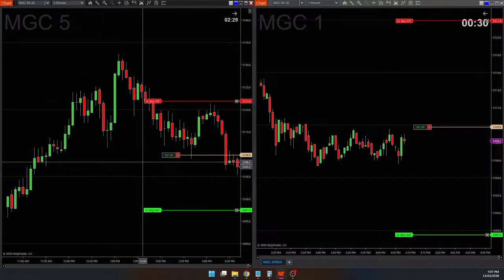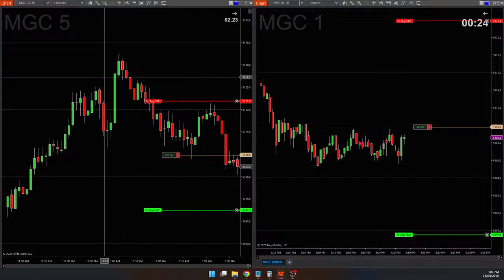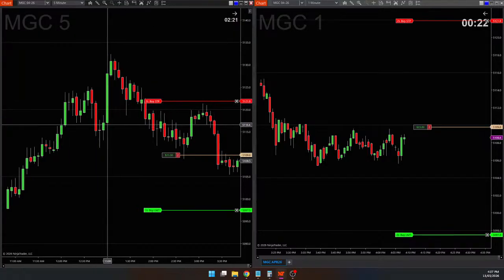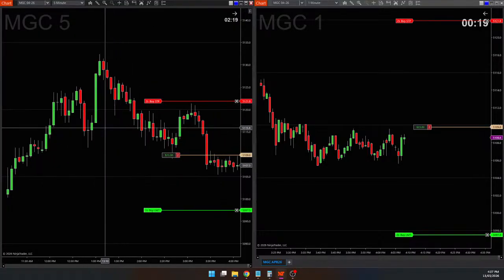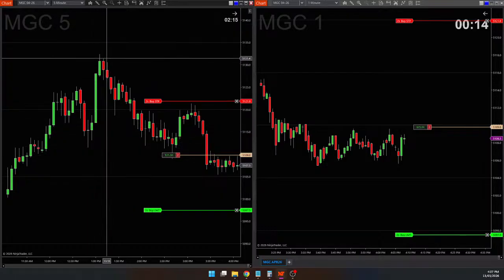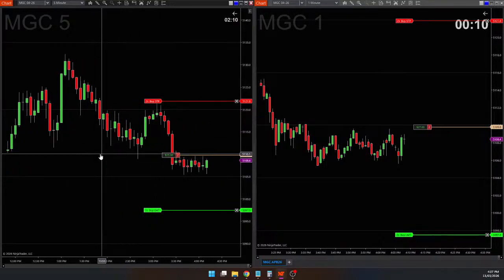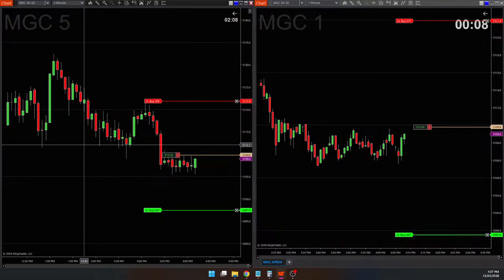Especially, say for example, this candle here. In the past I would have been like, shit, it's going up, time to buy, it's just going to keep on going up. But oftentimes it's just an impulse that results in a reaction. So you've got to look at the greater market structure, see the pivot highs and lows and how they shape up.